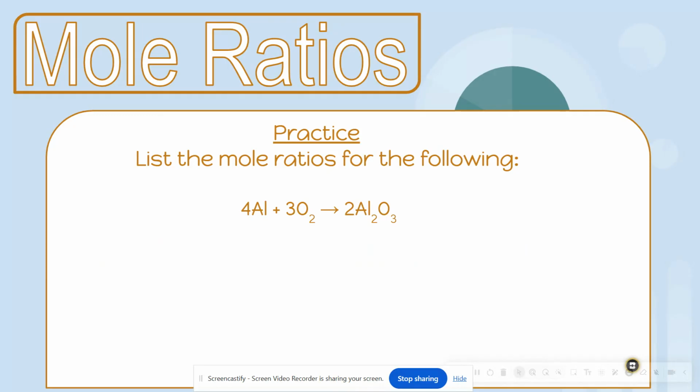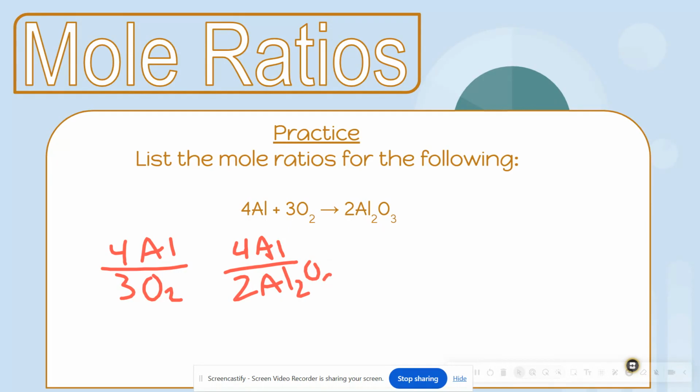So let's find the mole ratios for the following. We have 4Al plus 3O2 makes 2Al2O3. So we could have 4Al for every 3 O2, 4Al for every 2 Al2O3. Also, since my handwriting is bad, I'm saving space by not writing the word mole.